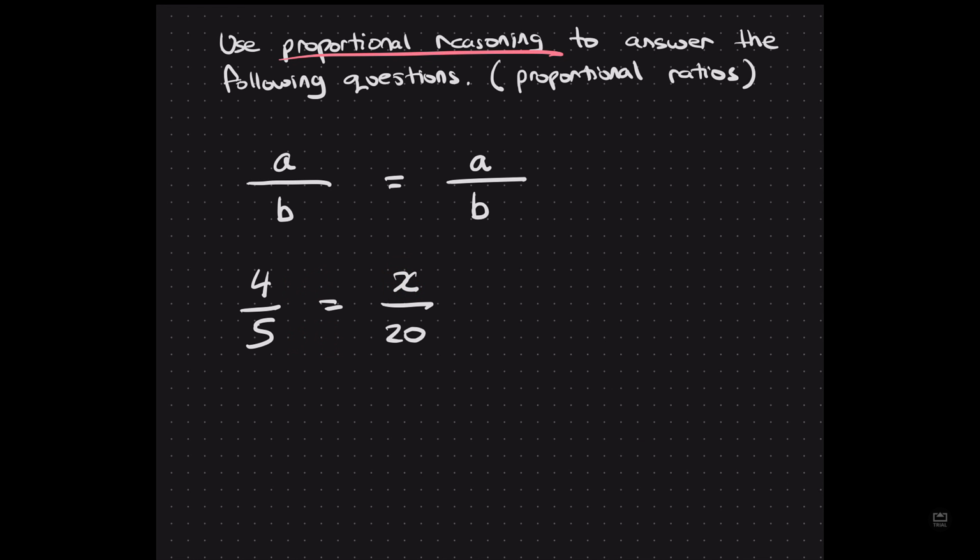But if the numbers were decimals or a little bit harder to visualize that, we use what we call cross multiplication. So it's like 5 times x, that equals 5x. And then 4 times 20, and that equals 80. So we now have a standard algebraic equation right here, 5x equals 80, and now I need to isolate the x, and to do that I move the 5 over to the other side by dividing both sides by 5.